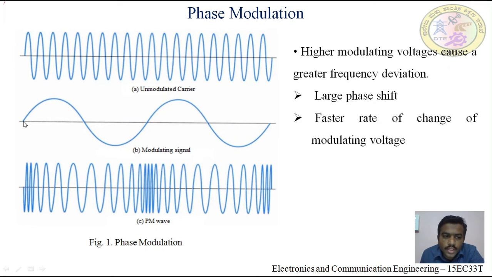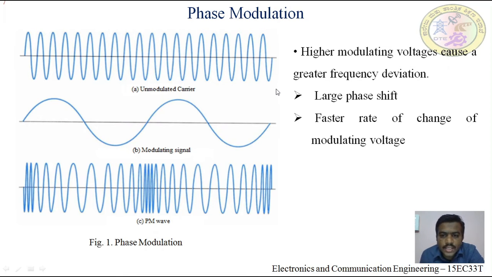Because of the increase in amplitude, there is a phase shift in the carrier, and also because of the increase in the frequency of the modulating signal, there is a phase shift in the carrier signal. Hence, as the amplitude and frequency of the modulating signal change, there is a phase shift generated in the carrier signal.